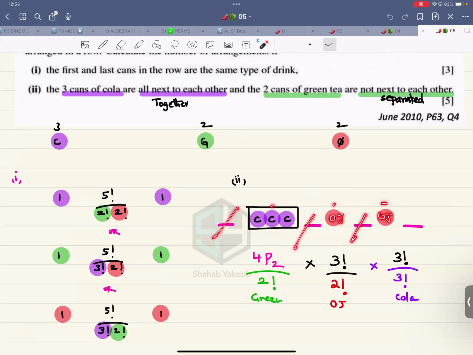Spaces 1, 2, 3, 4. First of all, 4P2, that is for the space for green tea. 3 factorial, that is for 1 unit, 2 unit, 3 unit. This 3 factorial is for the colas on the inside. And then divide by 3 factorial for the cola, and 2 factorial for the OJ, and 2 factorial for green tea.